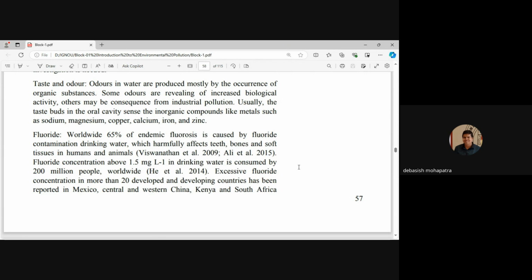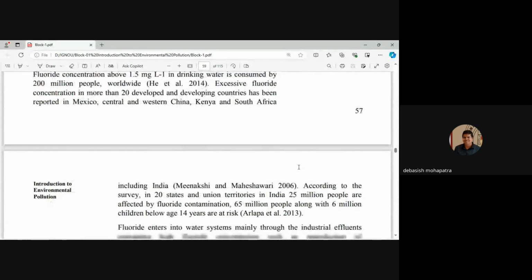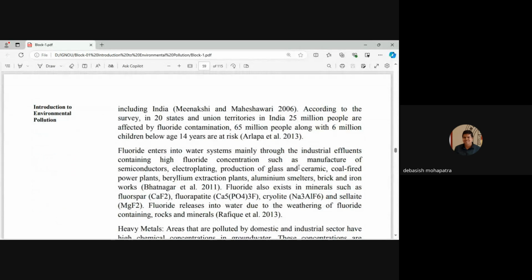Excessive fluoride concentration in more than 20 developed and developing countries has been reported in Mexico, Central and Western China, Kenya and South Africa, including India. According to a survey, in 20 states and union territories in India, 20 million people are affected by fluoride contaminants. 16 million people, along with 6 million children below the age of 14 years, are at risk.